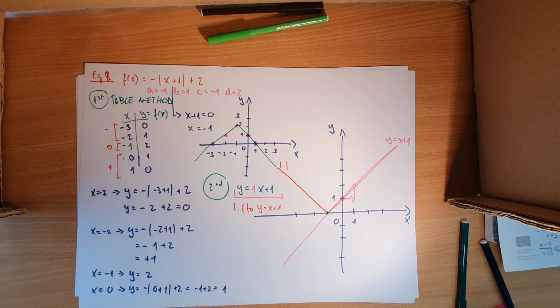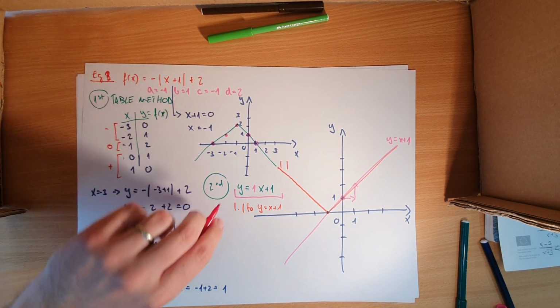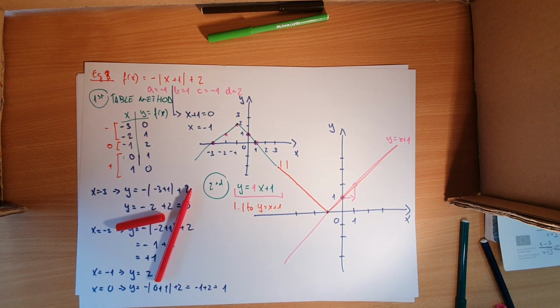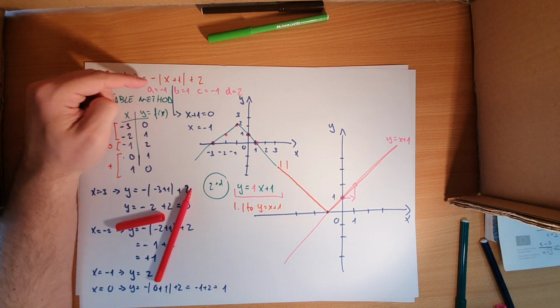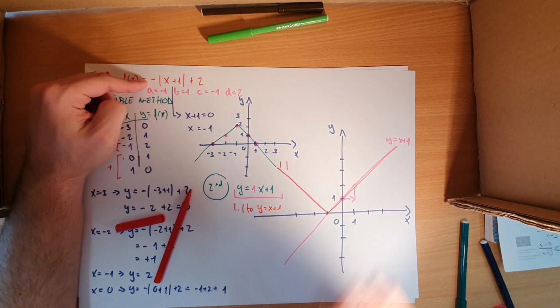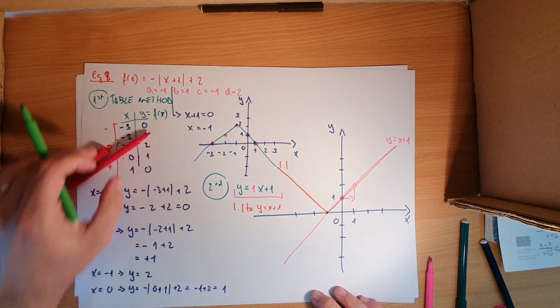Let's continue on. Let's do the minus. What does the minus do? Now this is specific to the minus. Everything that is positive becomes negative, and everything that is negative becomes positive. Everything that is 0 doesn't change. So let me use the light green color.